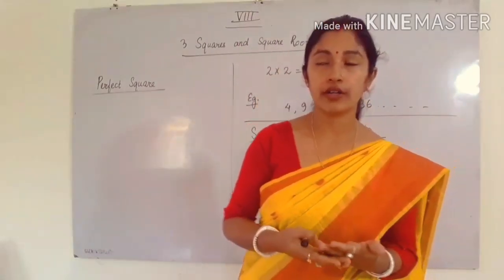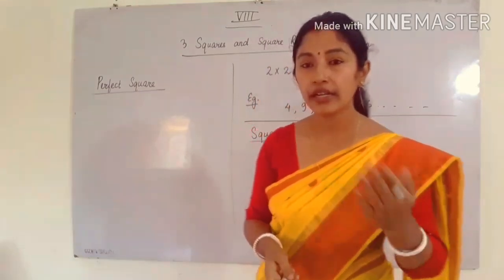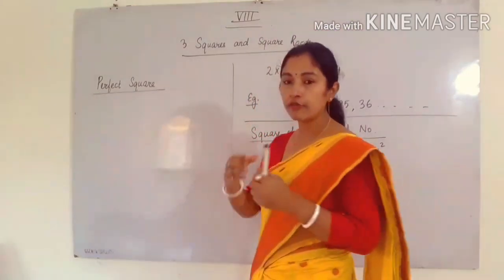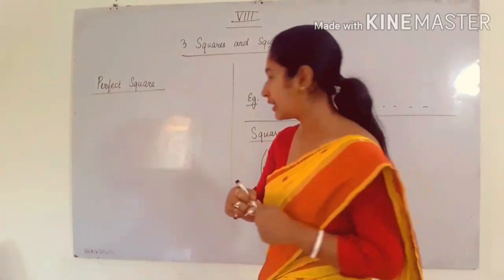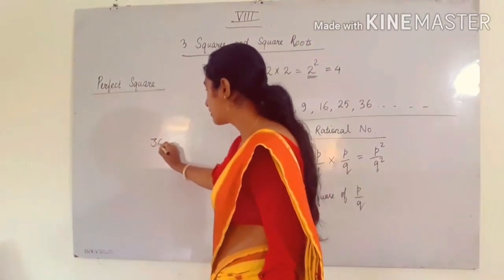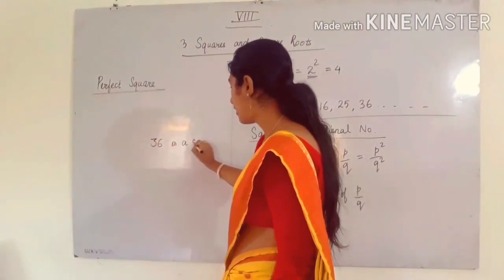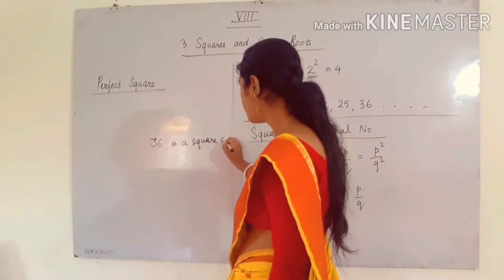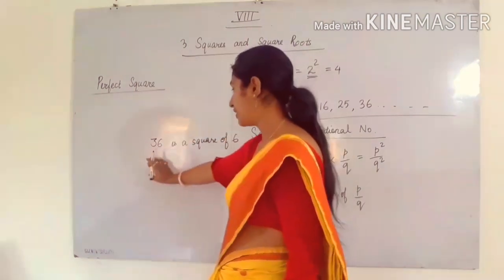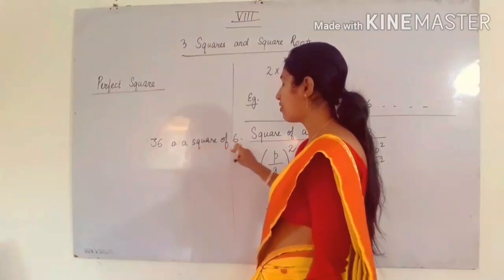Minus 6 into minus 6 will be plus 36. So if I write the reverse statement, like I was writing previously, 36 is a square of 6.